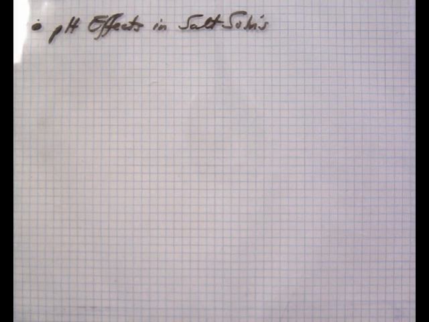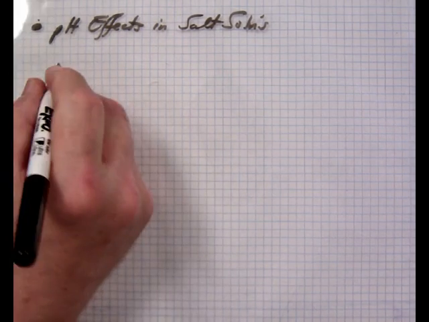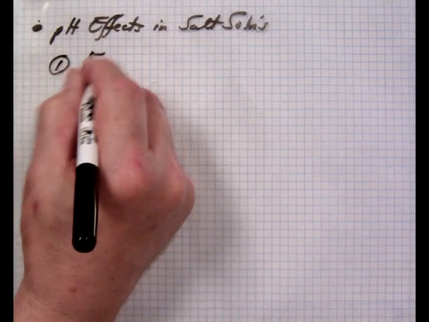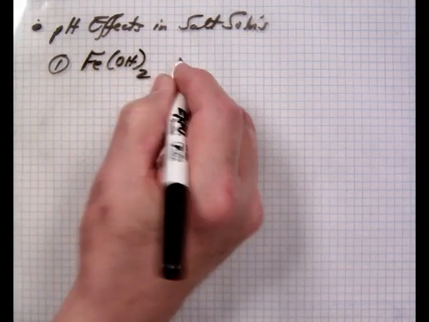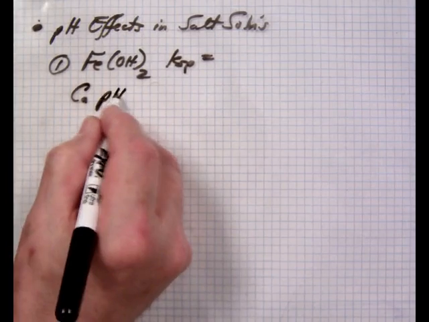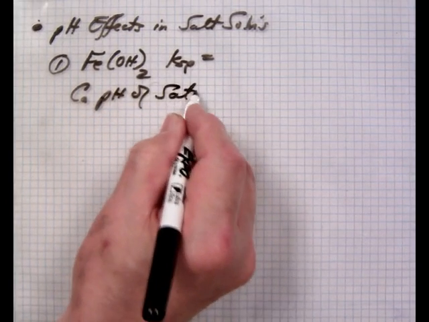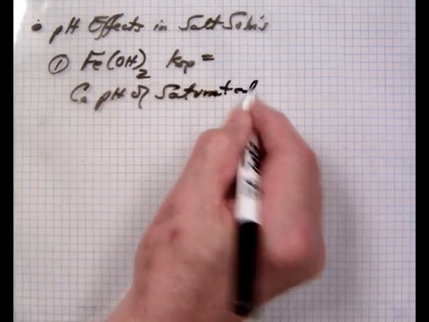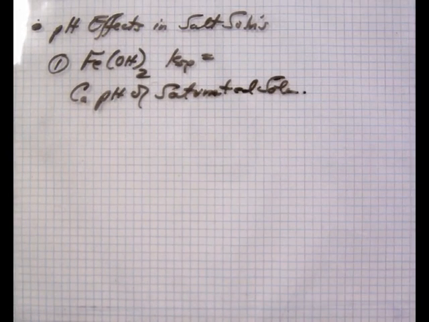These are pH effects in salt solutions. One, if I give you an iron hydroxide with a KSP value of 8 times 10 to the minus 16 or something like that, calculate the pH of a saturated solution. Okay? So a saturated solution would be whatever the amount of hydroxide would be delivered, and in that saturated solution, you take the pOH and then subtract that from 14, right? Everybody good?